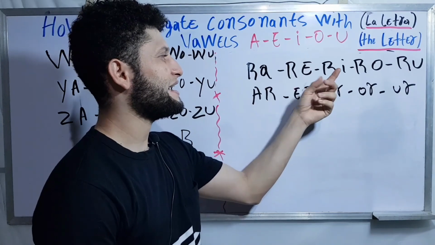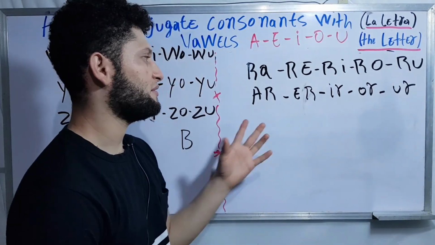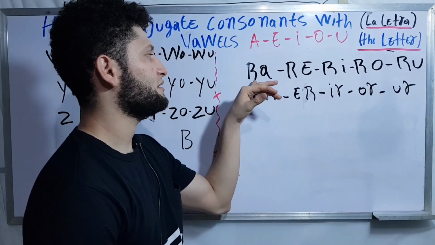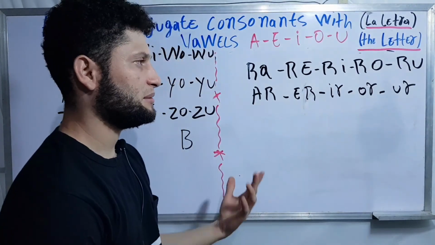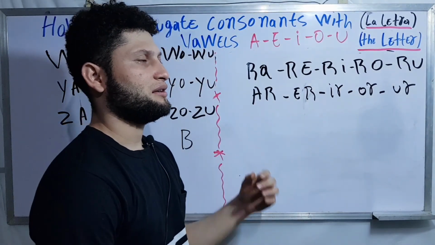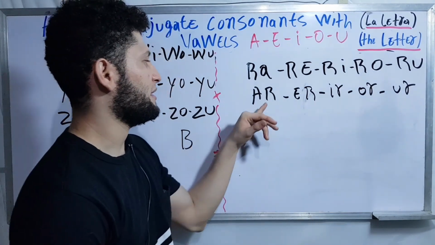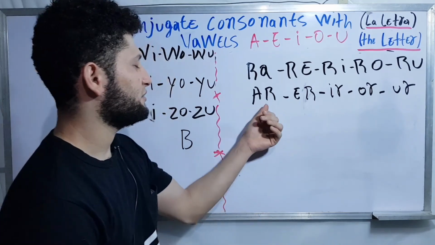Ra, re, ri, ro, ru. As mentioned before, at the beginning of a word it is ra, re, ri, ro, ru. But what about if you invert the letters?